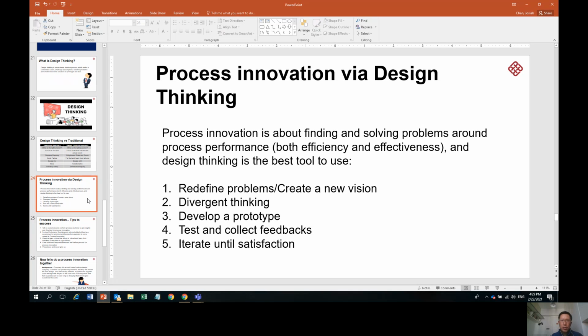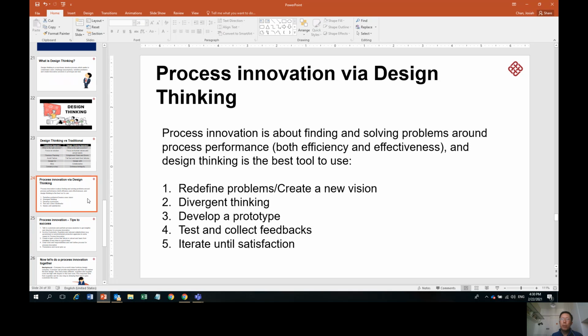So there are 5 key steps in leveraging design thinking for process innovation. The first thing is to redefine the problems or to create new versions. So you always have to challenge what you're given. Is the problem you're given the right problem to solve? Is there another way to look at the problem? If the process is customer facing, the feedback from the customer is very important.